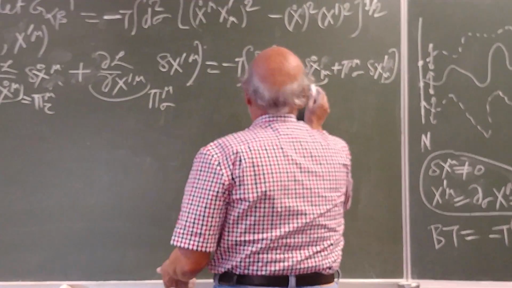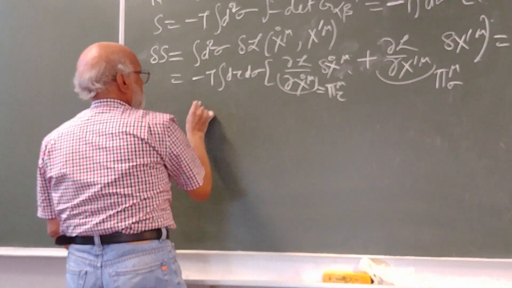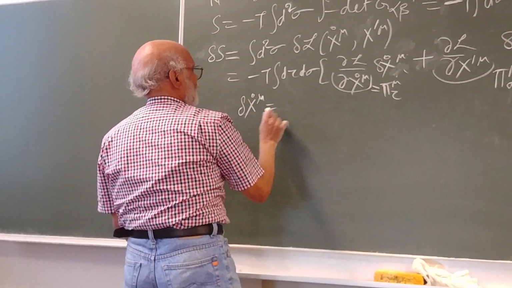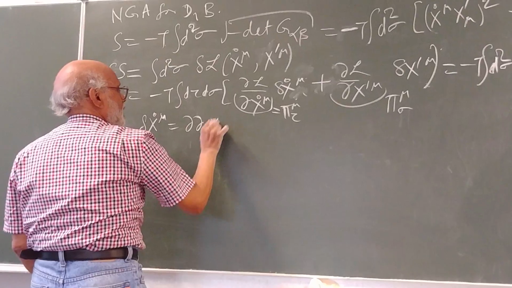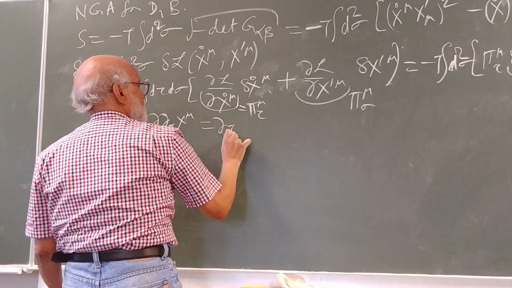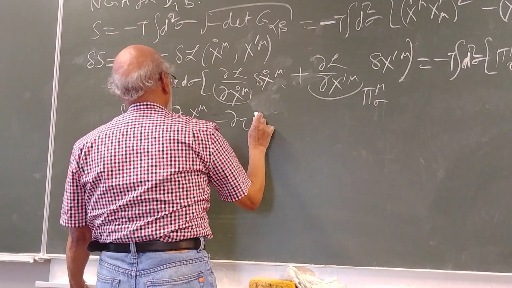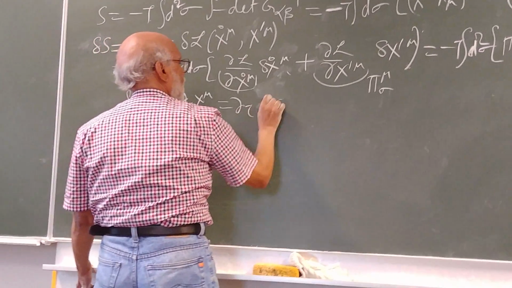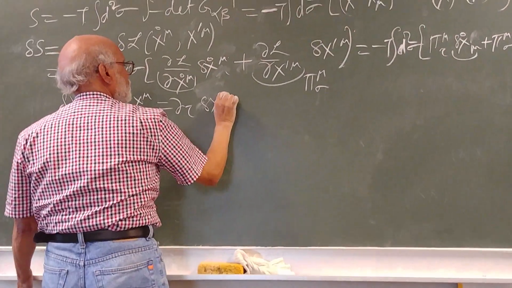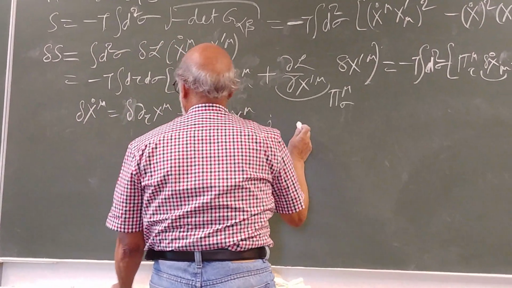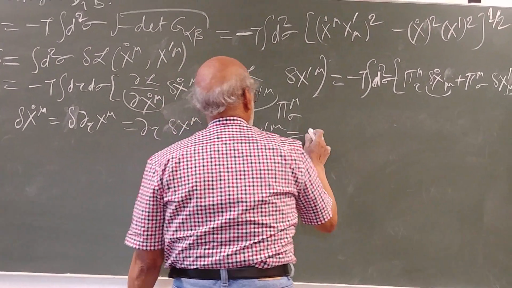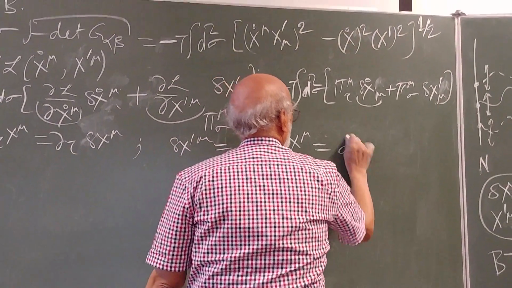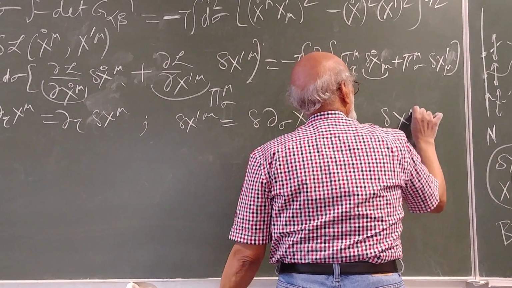So delta of x mu dot is delta of del tau of x mu, which is del tau of delta x mu, and we do the same thing with delta x prime mu, which is del sigma of delta x mu.